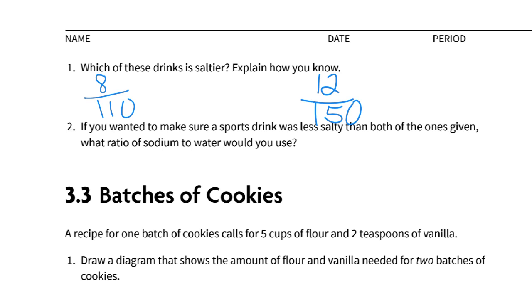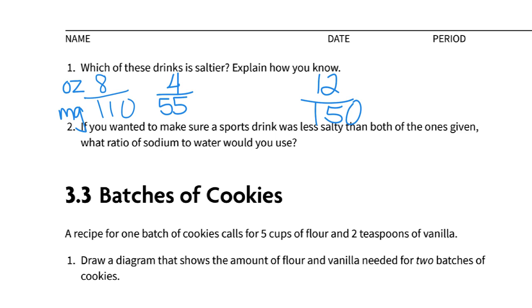Just as a recap, that 8 is 8 ounces, and the 110 is 110 milligrams. If we simplified that ratio, we could see that's 4 to 55. 4 ounces of water to 55 milligrams.